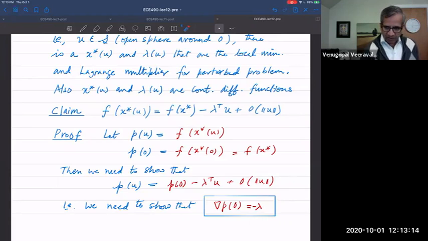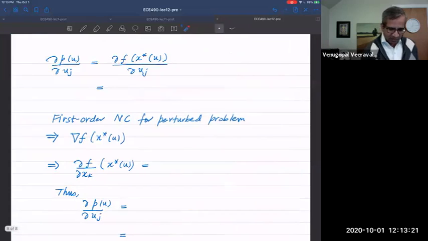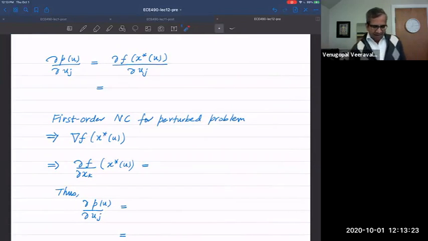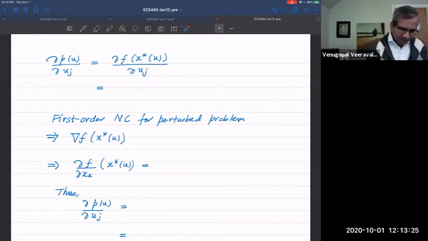So how do we show that? Actually, it turns out to be a very simple proof that's based on the chain rule. I have P of u is f of x star of u.